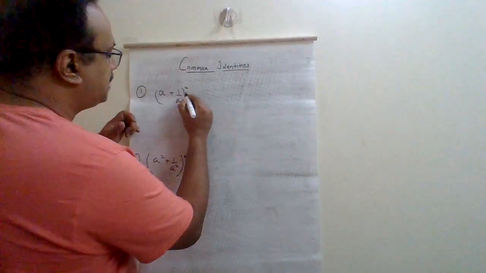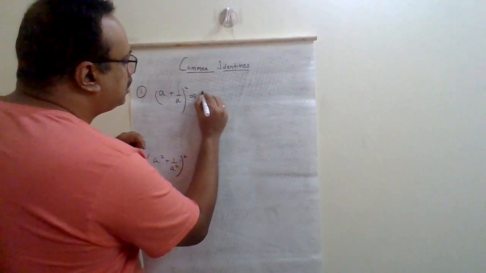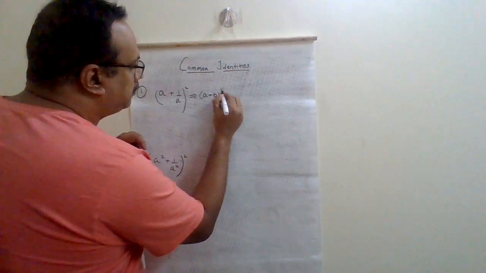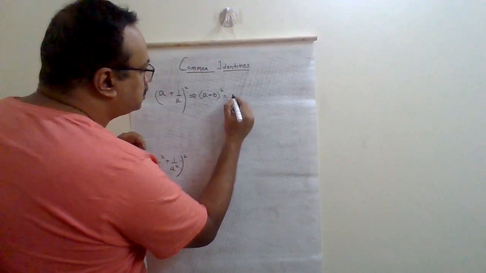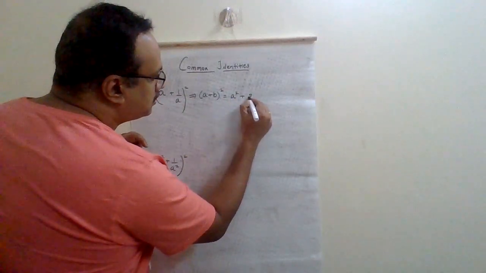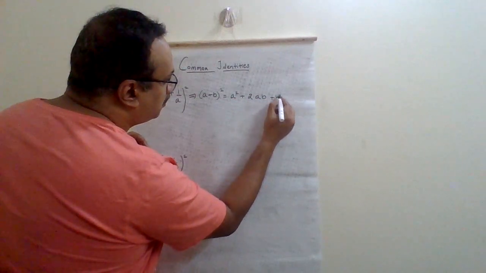So first is a plus 1 by a the whole squared. So this is in the format of a plus b the whole squared. What is a plus b the whole squared? We know that it is a squared plus 2ab plus b squared.